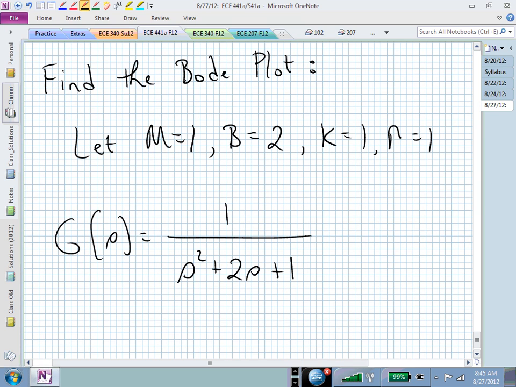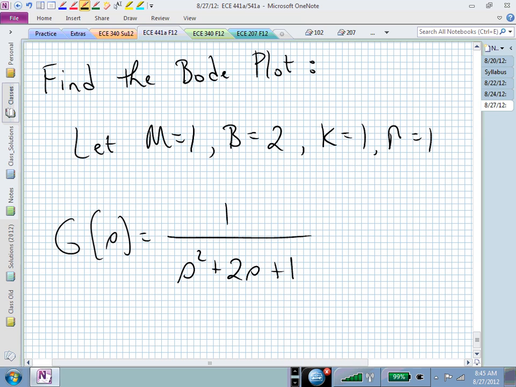Quite a bit different. What was our natural frequency Friday? Square root of 350, I think, wasn't it? So about 18.7 if my memory is serving me correctly. So that was our natural frequency. What's our natural frequency for this system? It's 1, isn't it? Omega sub n squared is 1, so omega sub n is 1.